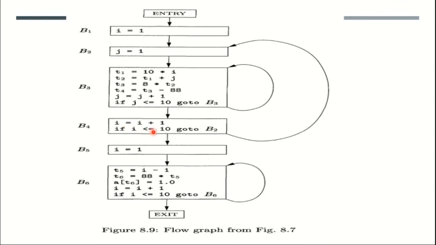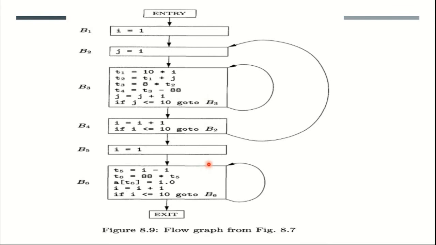Here block 3 and block 6 have control going to themselves, so those loops execute several times. But consider block 4. Once this part of the instruction is executed, if the condition is true, control again goes to block 2, then block 3, then block 4, and if the condition is true again, B2, B3, B4.